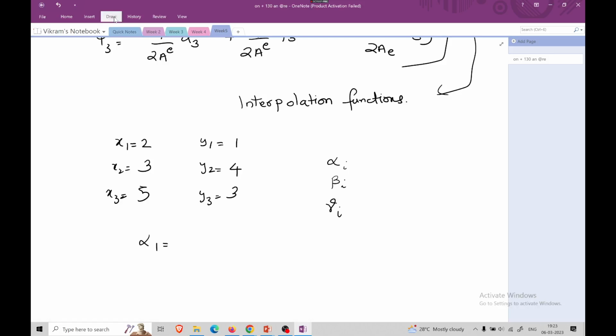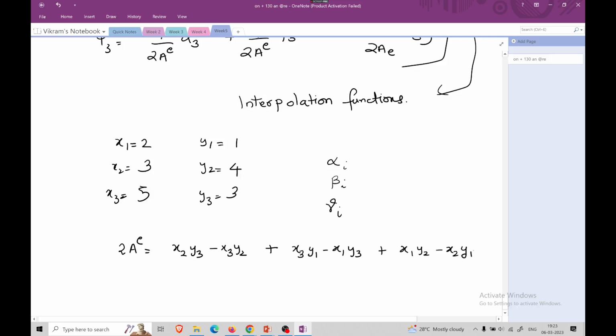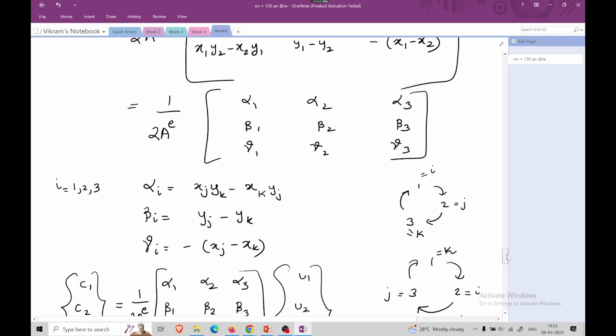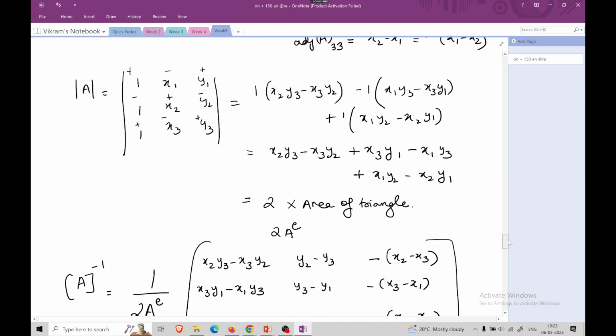Okay, before that we are going to simply calculate the area. 2AE is nothing but x2 y3 minus x3 y2 plus x3 y1 minus x1 y3 plus x1 y2 minus x2 y1. Correct? Where was the area formula? Yes, this one.